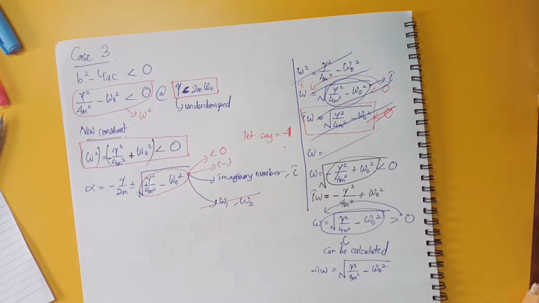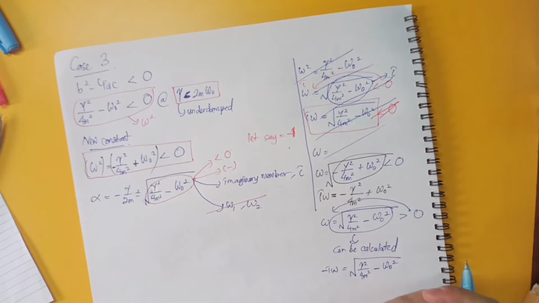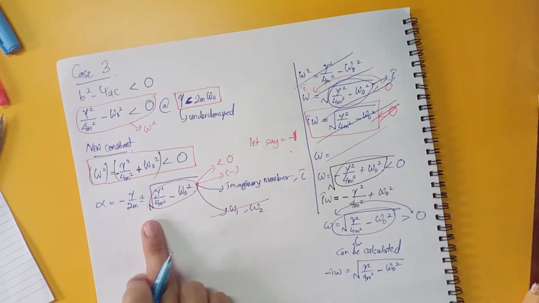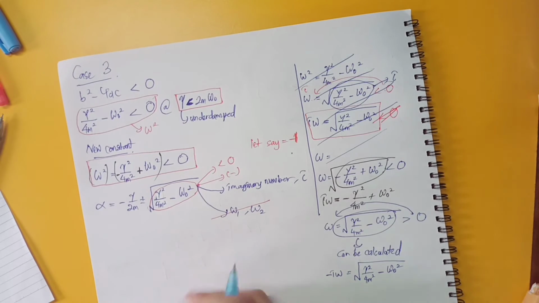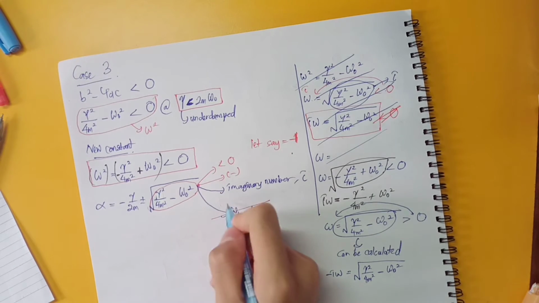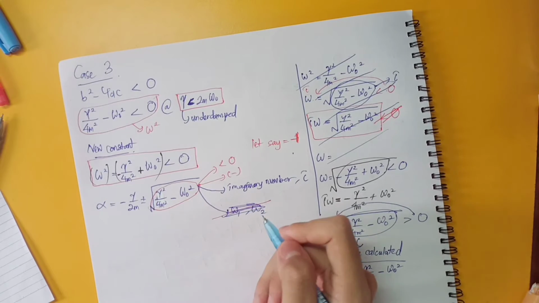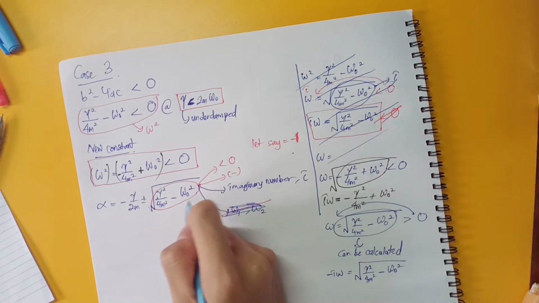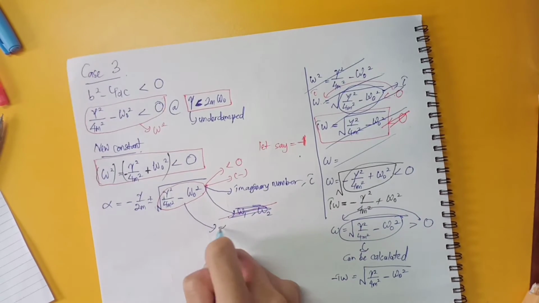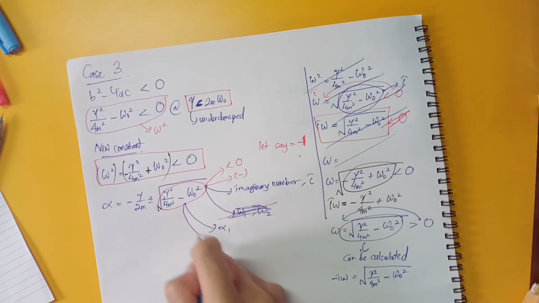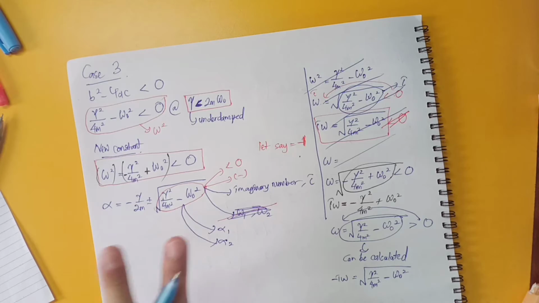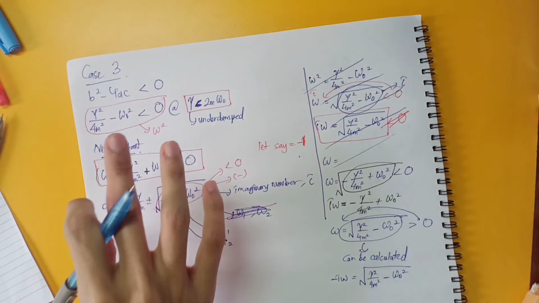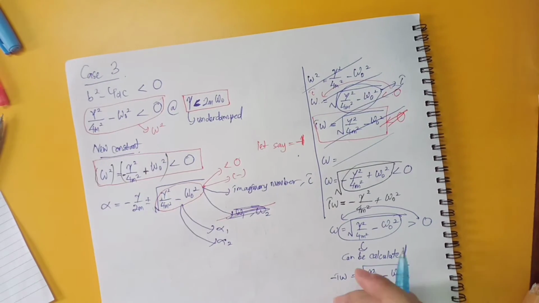Let's go back to here. Since we have two quantities, which is plus minus really, that means we have 2 alpha, which is alpha 1 and alpha 2. We have two solutions for one exact solution here, alpha.